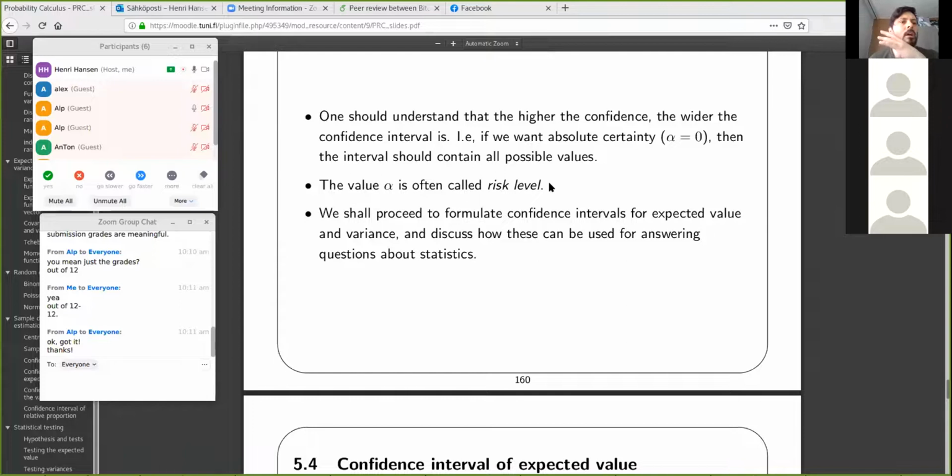These are all based on the idea that you assume a certain kind of distribution, and then you take a sample, and then you have a random variable that has this property that if everything you assumed about the distribution holds, then the probability is alpha that your actual parameter is not inside that region, the confidence interval.